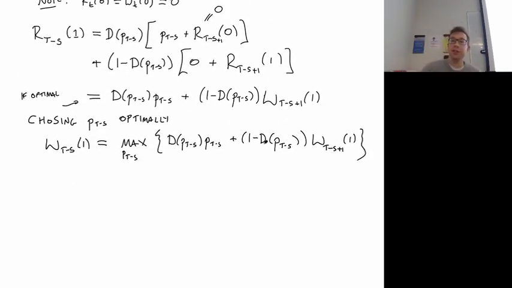Also, just to make the notation a little bit tidier, I'm going to call this c of t minus s, and that c of t minus s plus 1. I'm just going to call it c because I don't need to write all these ones. And I can make the substitution in here that this is 1 minus p plus.